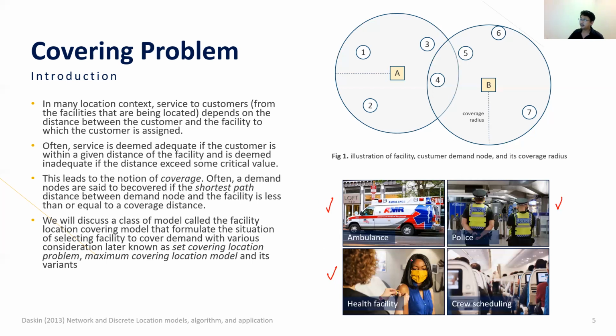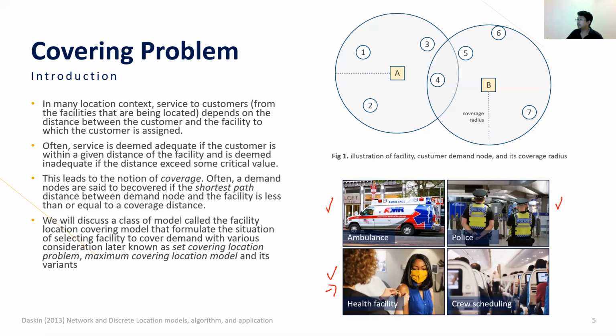Now, from 2020 until nowadays, I also see several papers being published on the most effective way to allocate health facilities, since there is a surge of need for health facilities, in particular for handling the COVID situation.